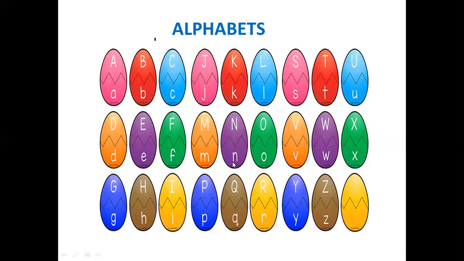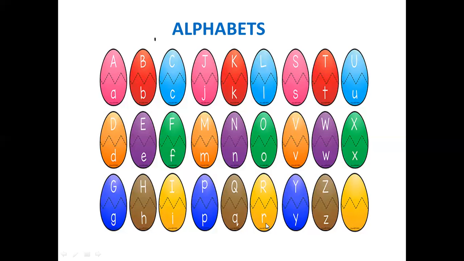N, this one is small n. O, small o. P, small p. Q, small q. R, and look here, this one is a small r.